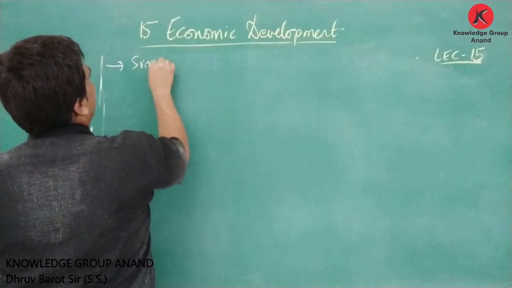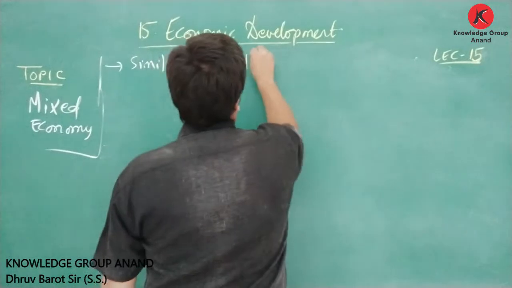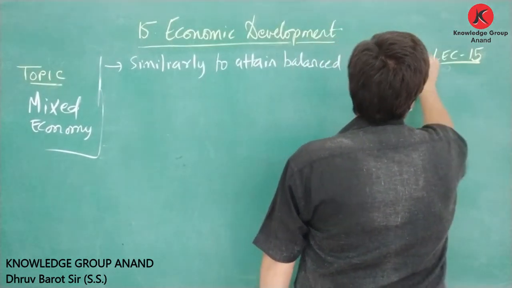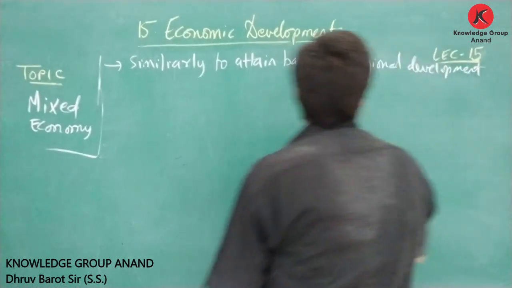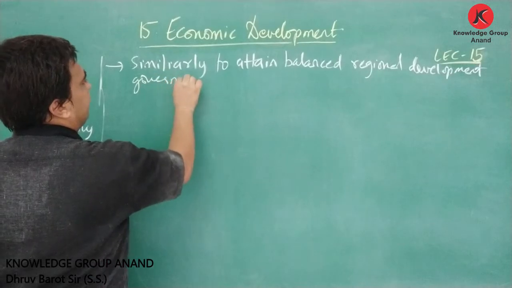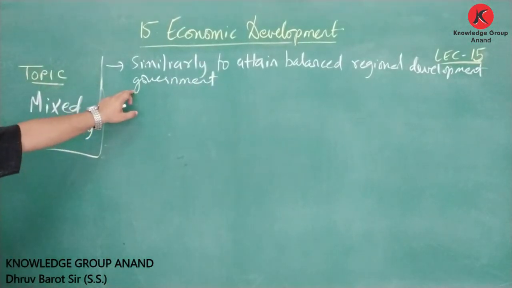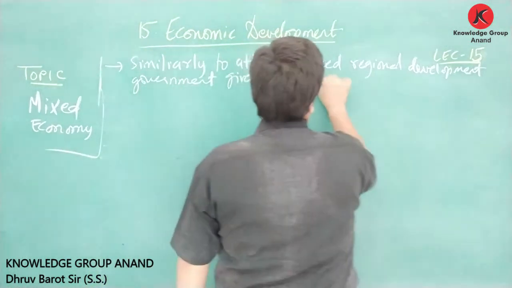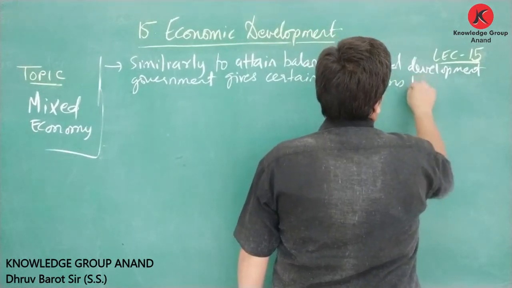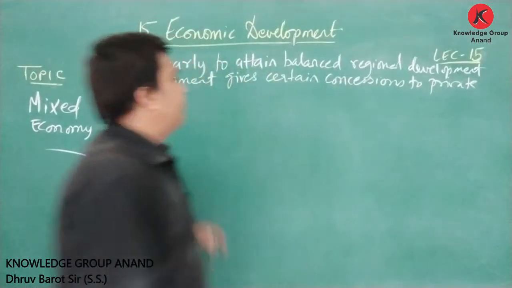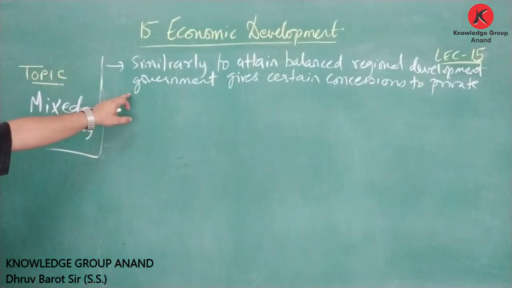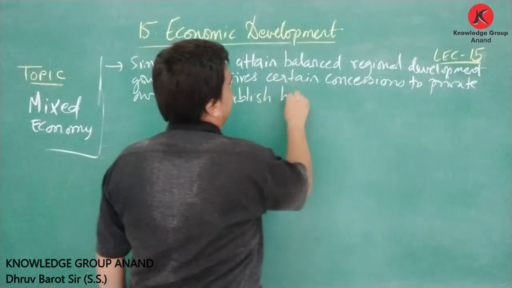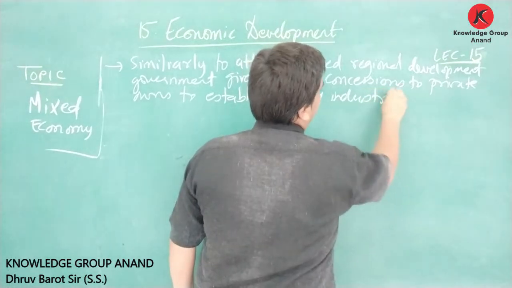Friends, here it is said, similarly, to attain balanced regional development, government gives certain concessions to private owners to establish heavy industries.